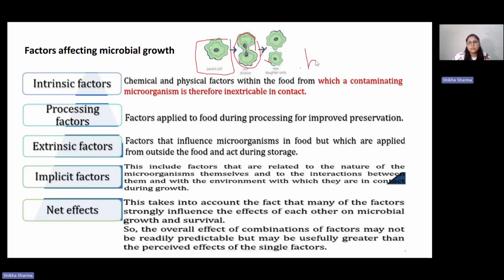That process of reproduction is binary fission. It follows binary fission to multiply. From one parent cell, 2 daughter cells are produced. From 2 daughter cells, 4 will be produced. Like this, there is an exponential growth of the microorganism.